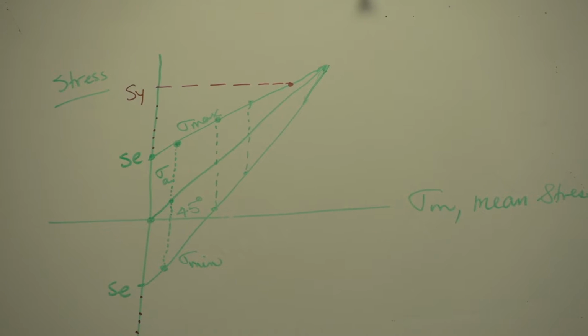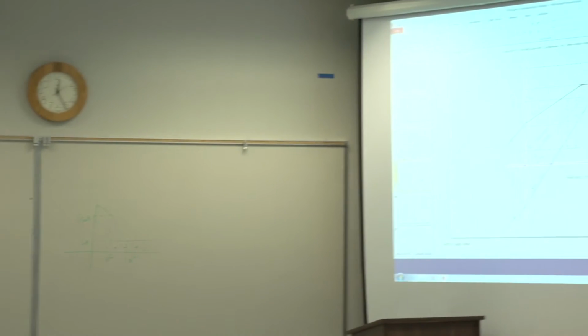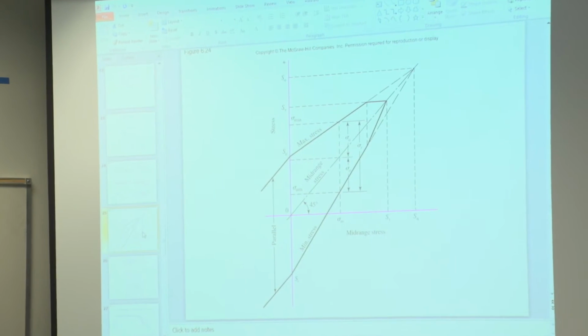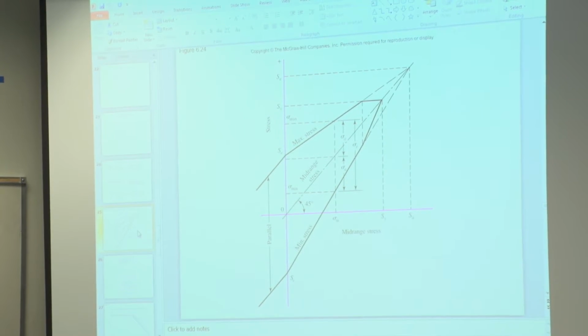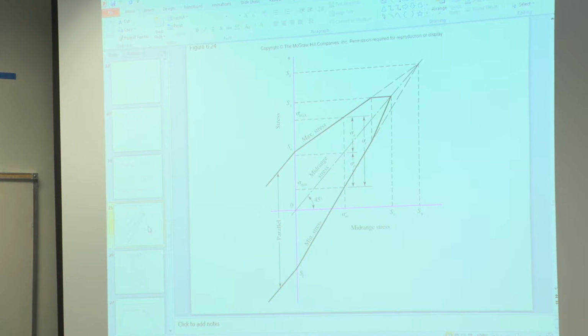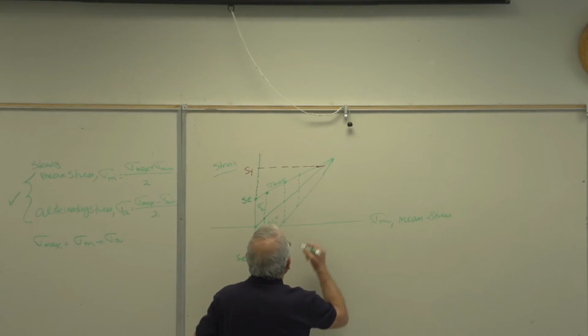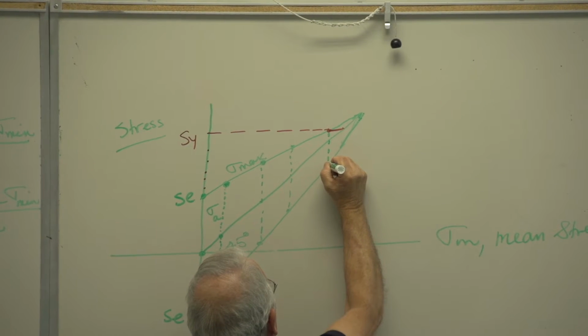And then we can go now to the other graph. If I continue that to the mean stress line, just like you see over there, like that, on the minimum side, that's as far as I can go.